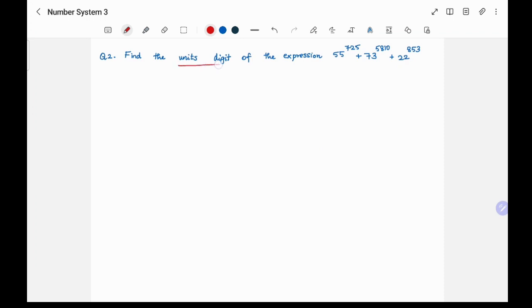So they are asking us to find the units digit. So we have to remember that for any number, if we divide by 10, then the remainder will give us the units place digit.